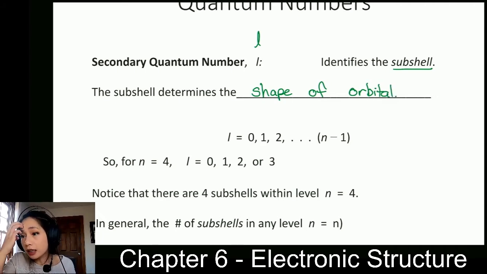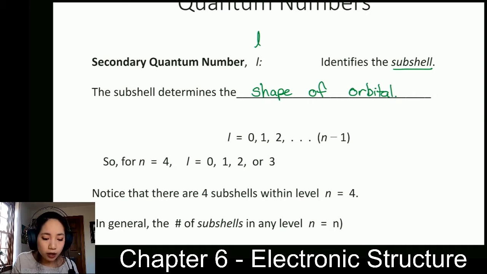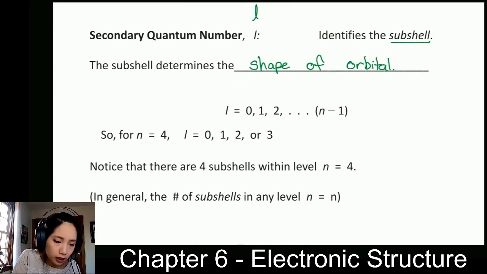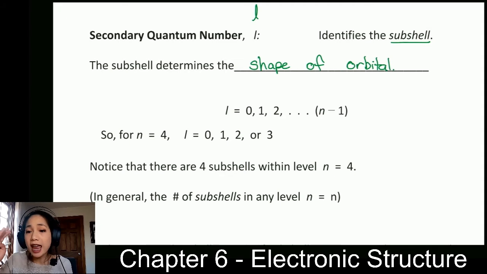And so L is equal to all of the integer values between 0 and n minus 1. The possible L values depend on what n value you have for that electron.